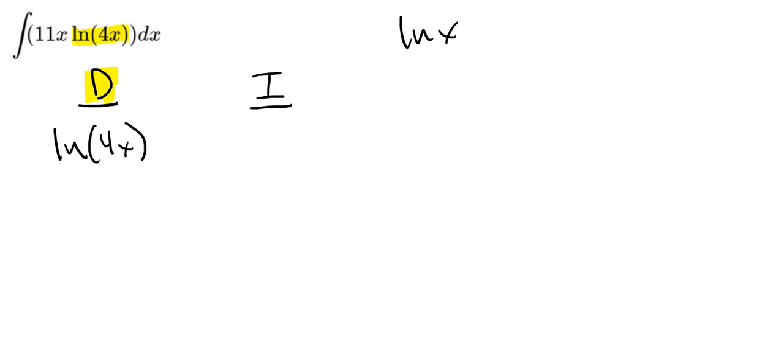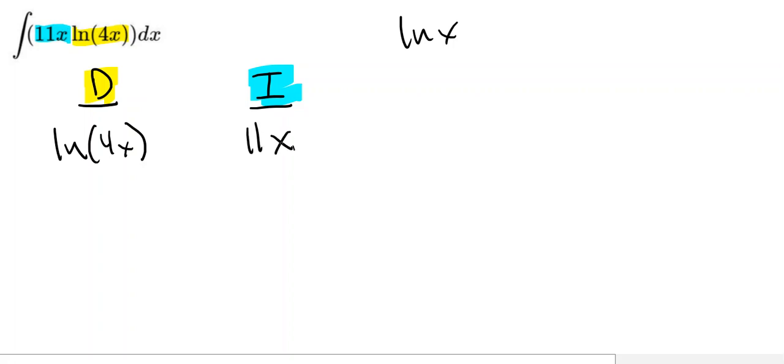That means that in the antiderivative or integration column, we are going to have 11x. So let's put 11x over here. So the algebraic or exponential part will always go under I because the logarithm will always have to be d. And the reason for that is right now we don't know how to find the antiderivative of a logarithm.